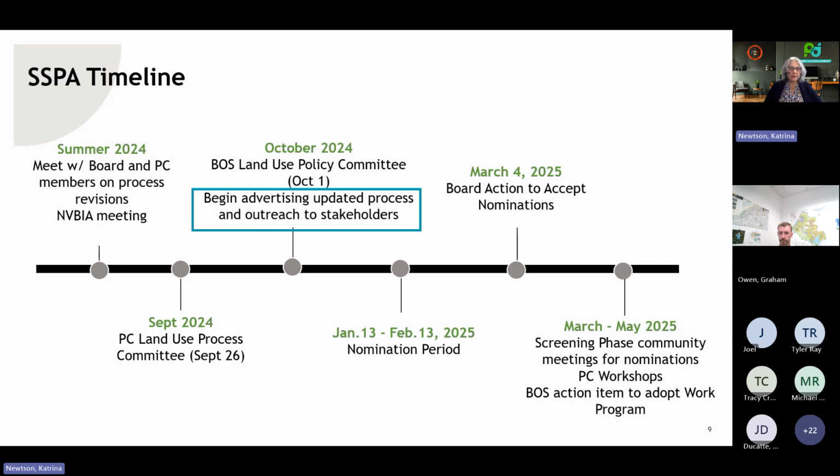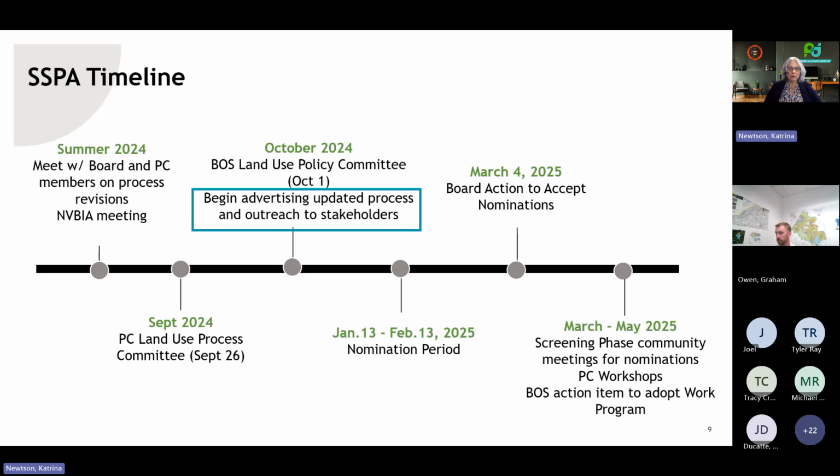So this is all in anticipation of starting the SSPA in mid-January, that January 13th date, and screening starting up in earnest in March. Unlike the prior round, the nomination form will be in Plus, not the GIS application we formerly used.